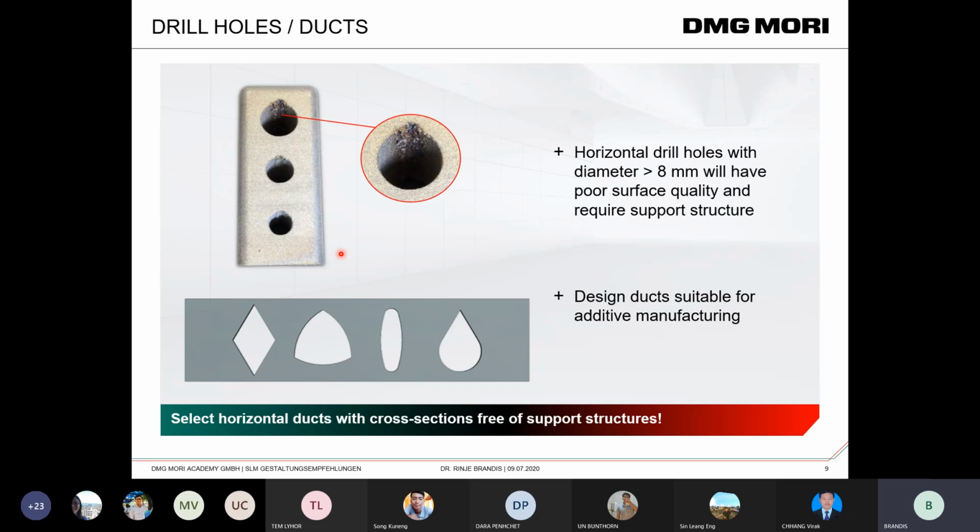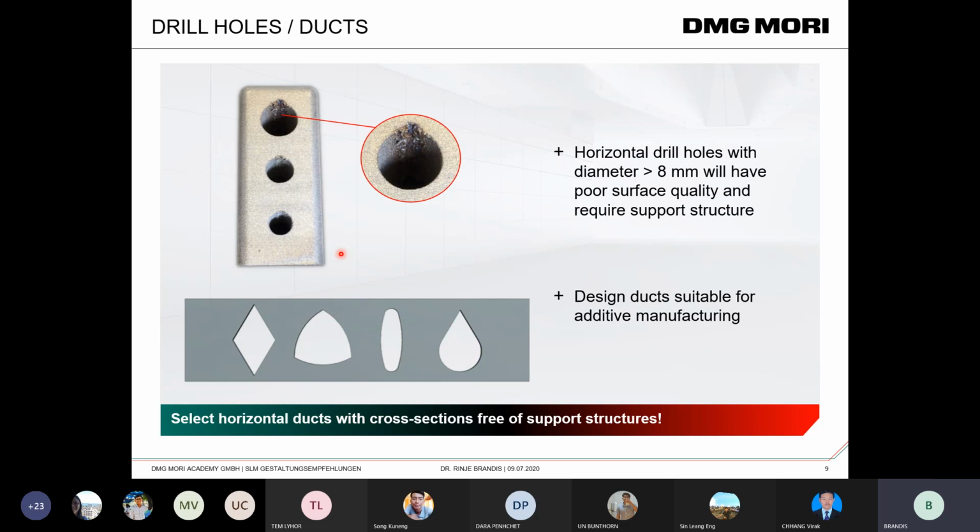One more slide, holes and ducts and pipes. In the first slides today, I showed you in our first ring nozzle that it is possible to print pipes with a diameter less than 8 millimeters.